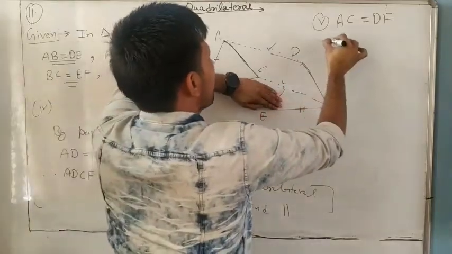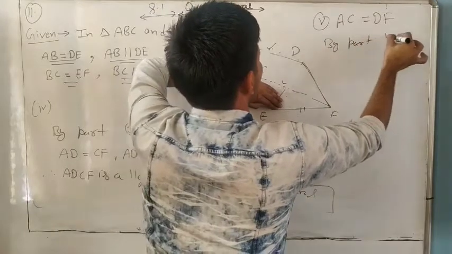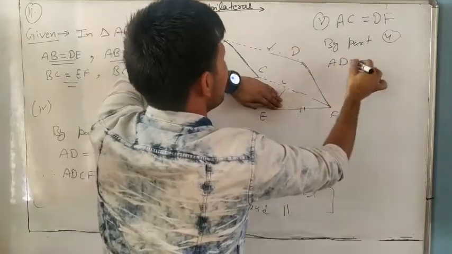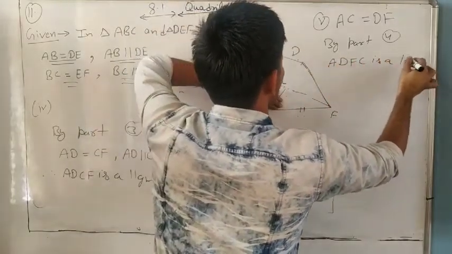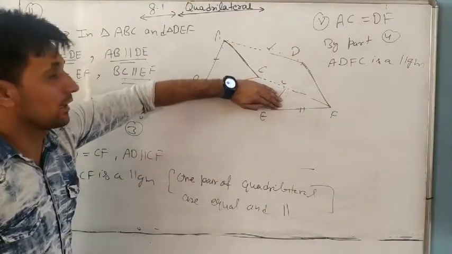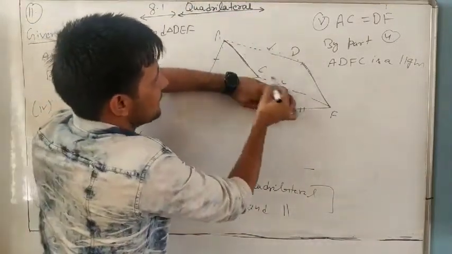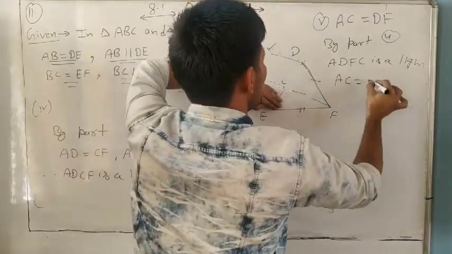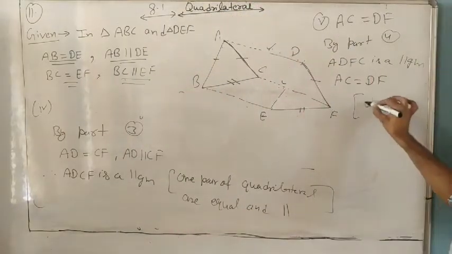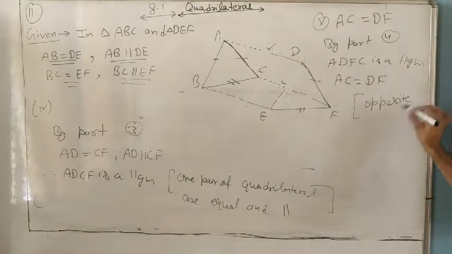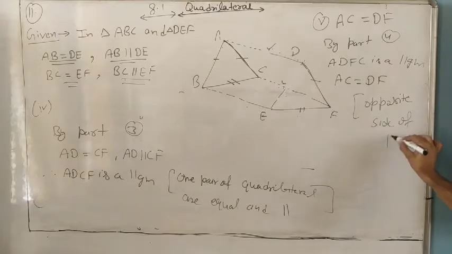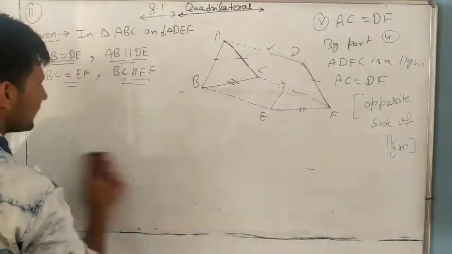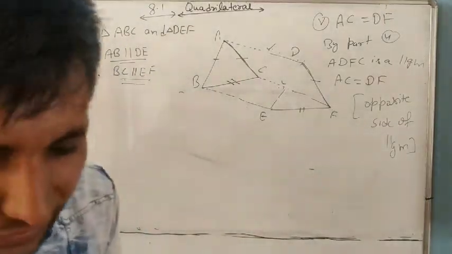So write by part 4, ACFD is a parallelogram. It means AC and DF are opposite sides. So AC equals DF. So we will write opposite sides of a parallelogram. Okay, very easy. Every part one is very easy. You only have to identify the parallelogram.